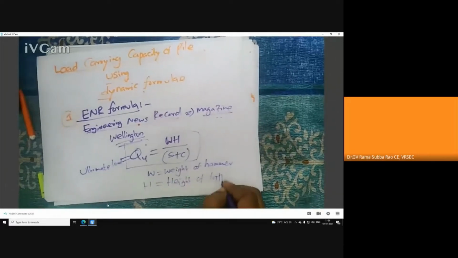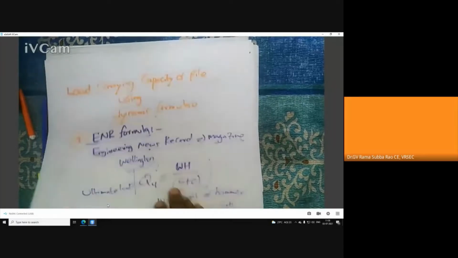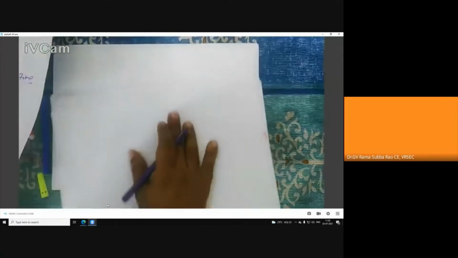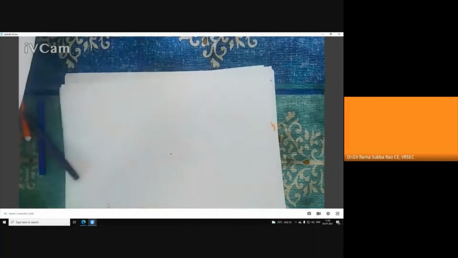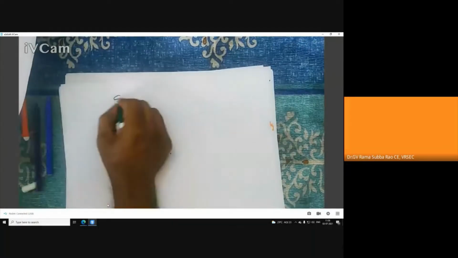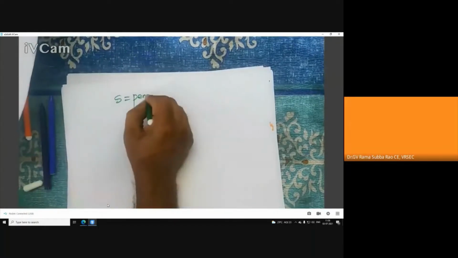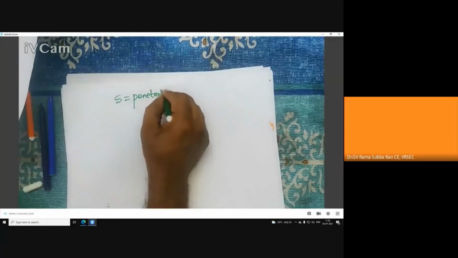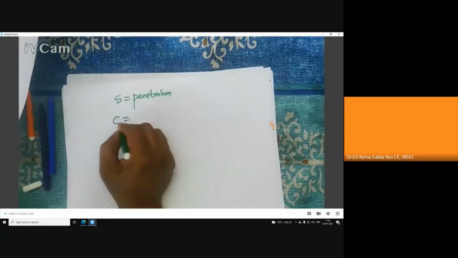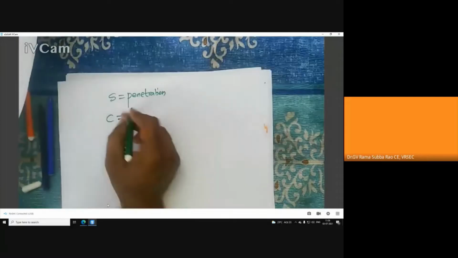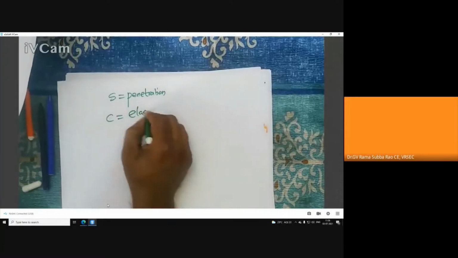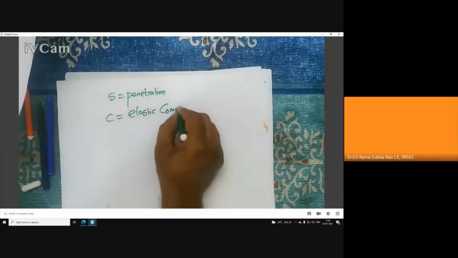Sometimes you are very much interested to ask what S is. S is penetration. C, in fact, is elastic compression.